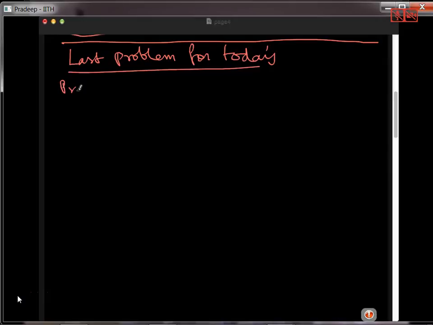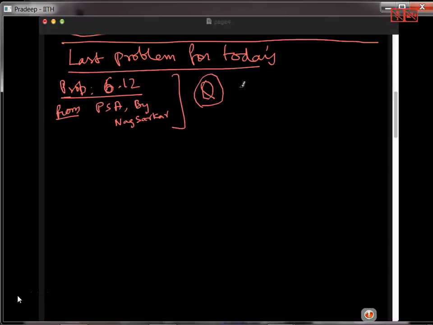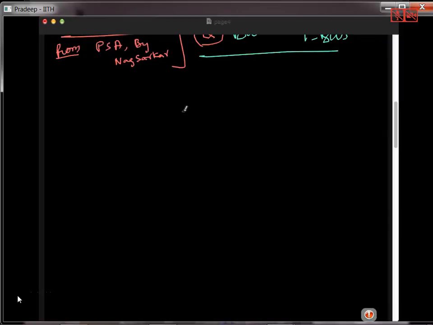This is again problem number 6.12 from Power System Analysis by Nagsarkar. So the question is to build Y bus, and the network is like this.